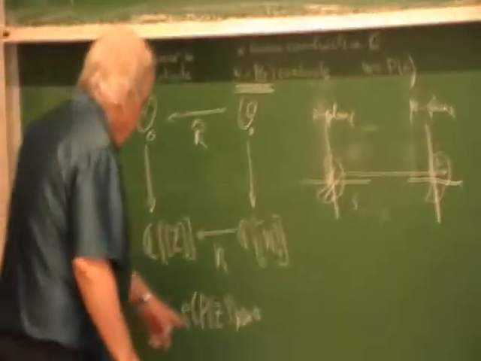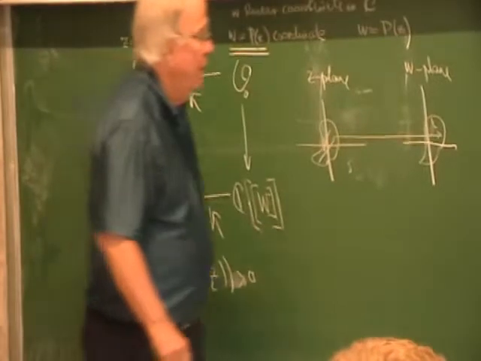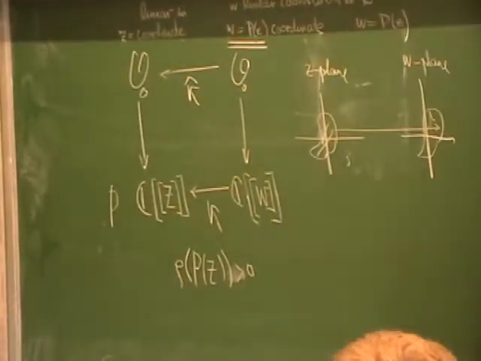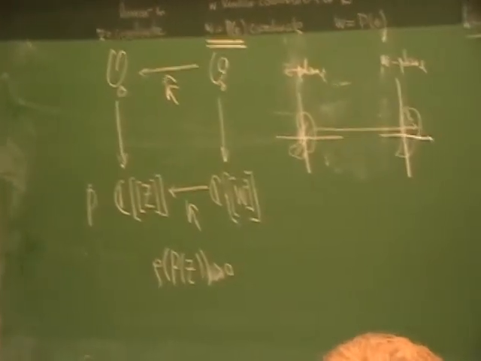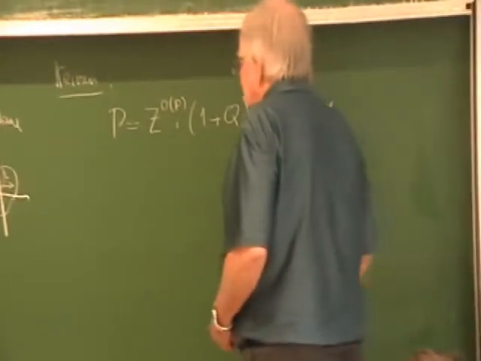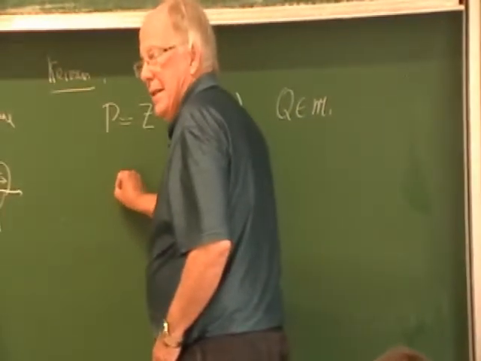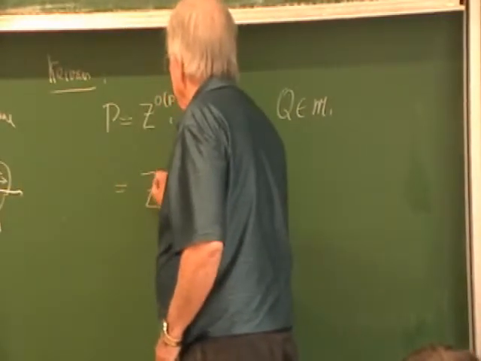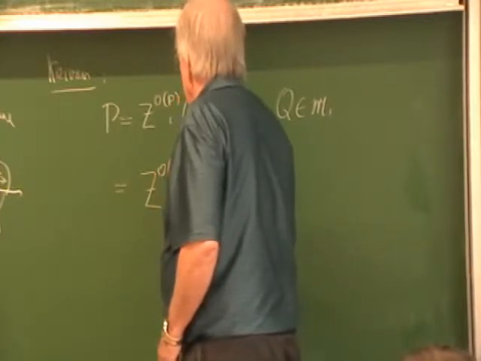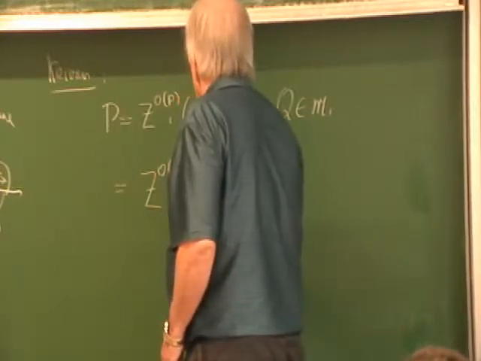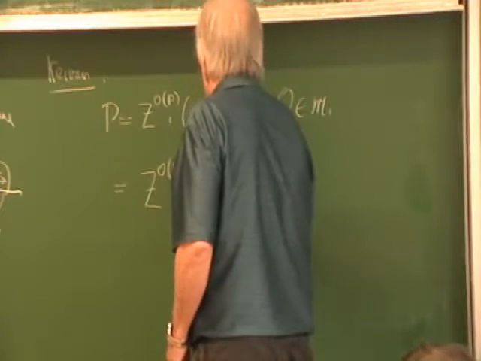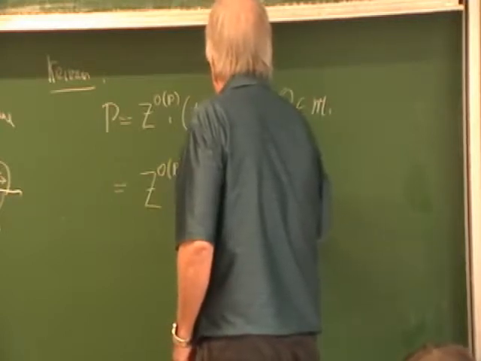And what I'm trying to do is define P of Z. Well, here it is, P of Z. And then I say, this is Z to the OP times 1 plus Q hat OP.